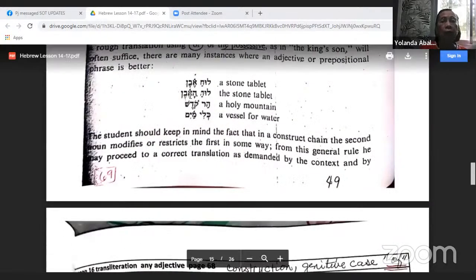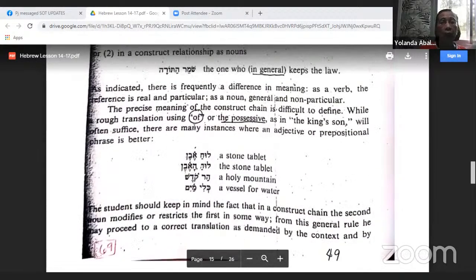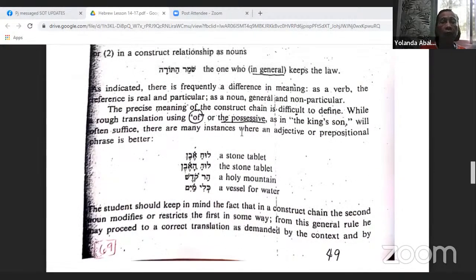So ang ating possessiveness, ng tinatawag kita niyan of, sa possesses such as the king's son. Ito ngayon, meron tayong luach even. Luach, ano itong luach? Again, sabi ko, it's a tablet.